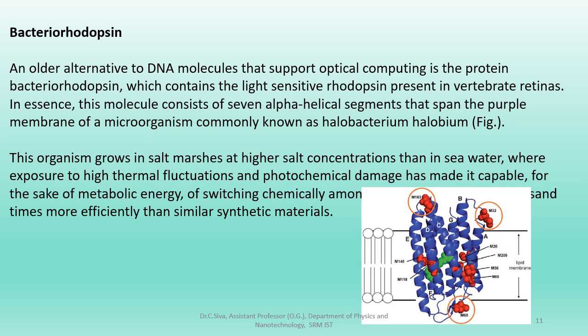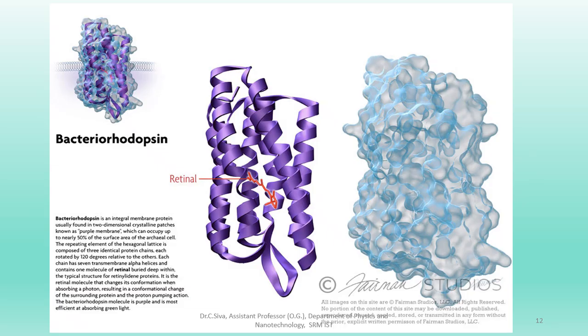We see that bacteriorhodopsin can switch states by absorbing green or blue light, and it can do this up to 10 million times before degrading.